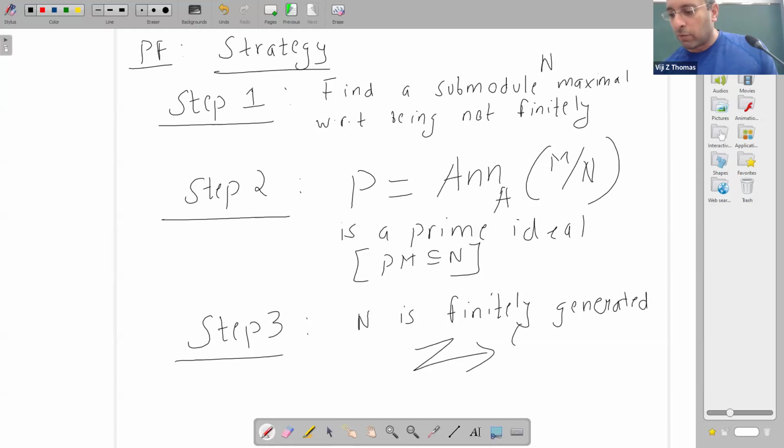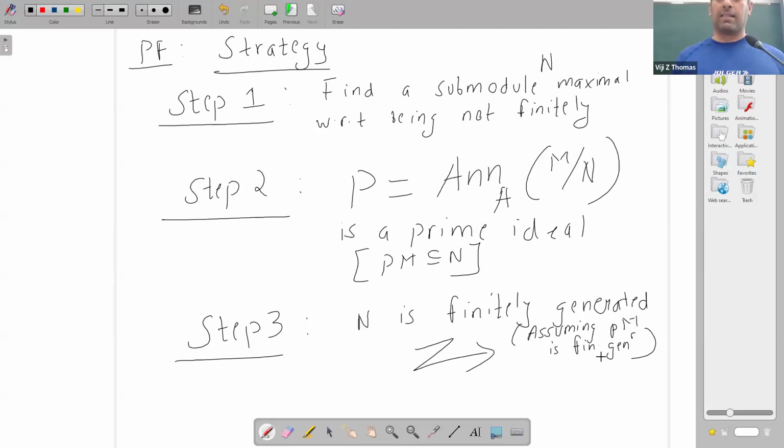How will we show that? Assuming PM is finitely generated, with this assumption we'll show that N is finitely generated, and we'll get a contradiction. That will finish the proof. So these are the three steps that we have to go through.